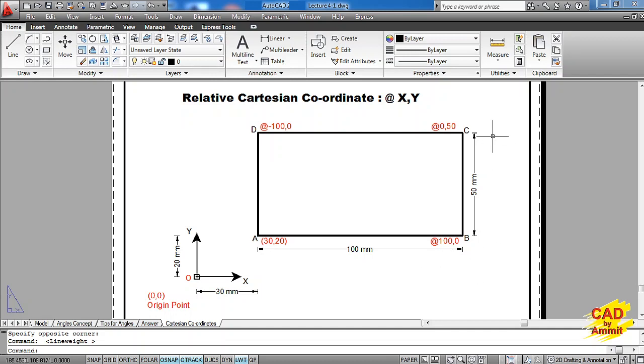Now for point C, the relative Cartesian coordinate will be @0, 50 because horizontal displacement is 0 and the vertical displacement is 50.